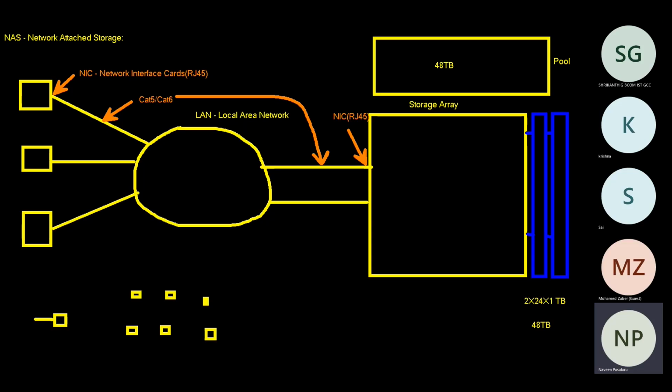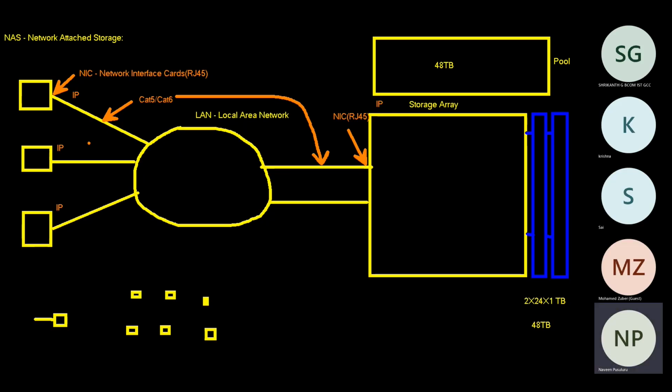The same way, whenever you connect something to a local area network, you need to assign an IP address to devices. With the help of IP address only, one device will be able to identify the other device, and they'll be able to communicate with each other. Okay, let's assume that all three got IPs. The same way, I have assigned an IP address to my storage as well.